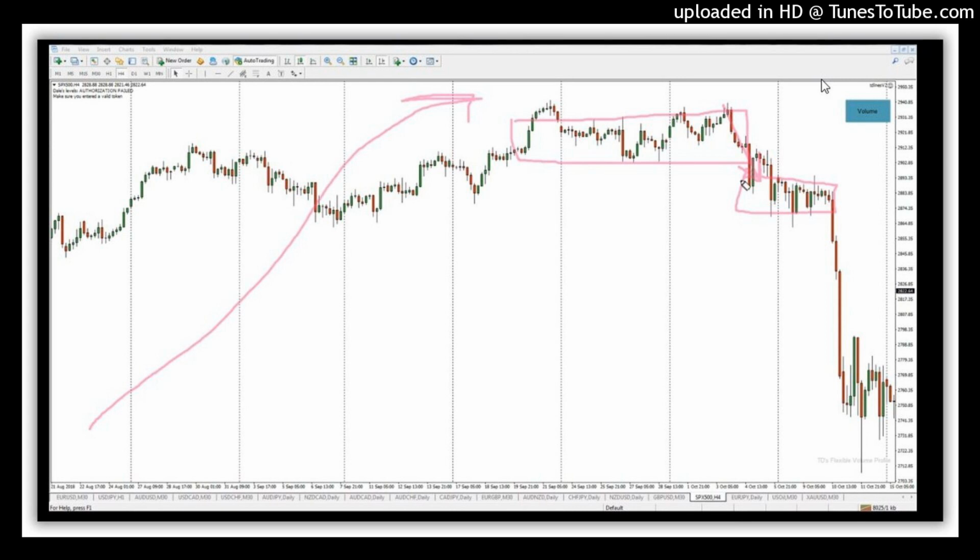This is the aggressive rejection of lower prices, and the price goes into uptrend, shoots past this weak high, and goes into another buying activity.